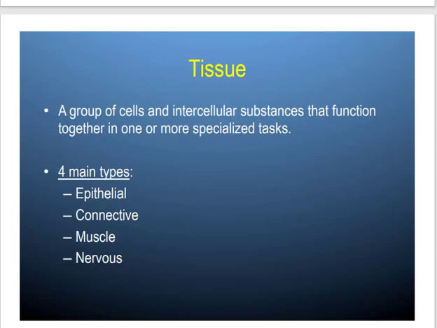Nervous tissue is going to be found in the nervous system. Epithelial tissue is typically found, for example, in your skin, but there are some other places, for example, in your digestive tract. And connective tissue is doing what it sounds like: it's used to connect various things. But again, tissues are made up of groups of cells, and there are four main types of tissues.